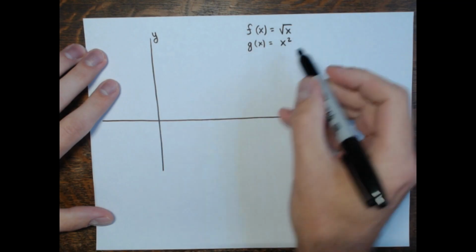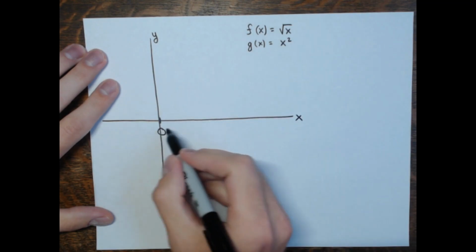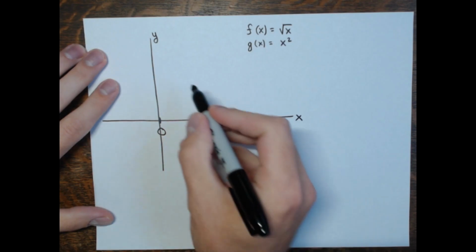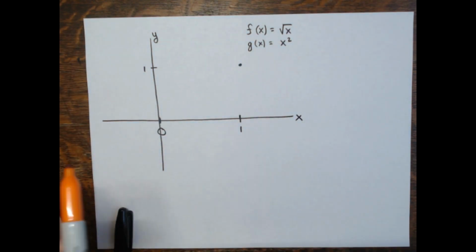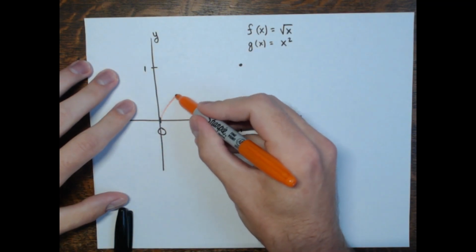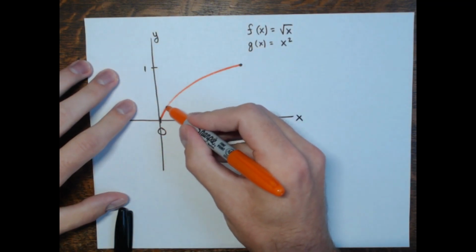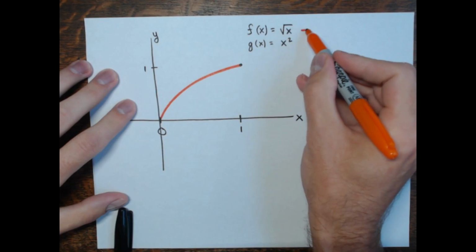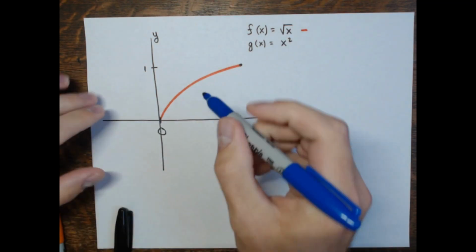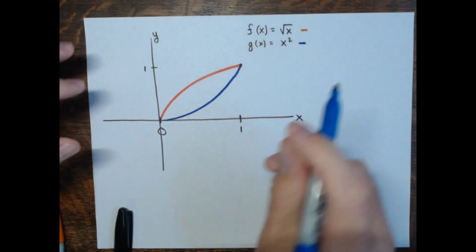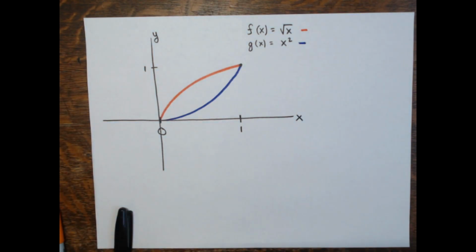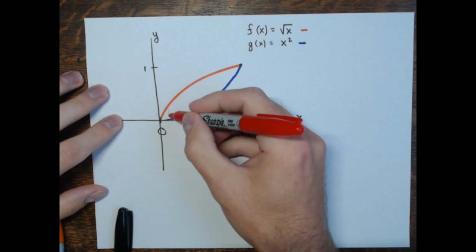And we're on the interval from x equals 0 to x equals 1. And both of these would have the point (1, 1) on it. And square root of x would be like this. That's square root of x. And then y equals x squared would be like this, curving up. Right? And therefore, the region we're talking about here is this region, right?